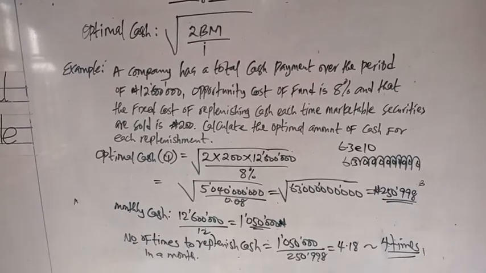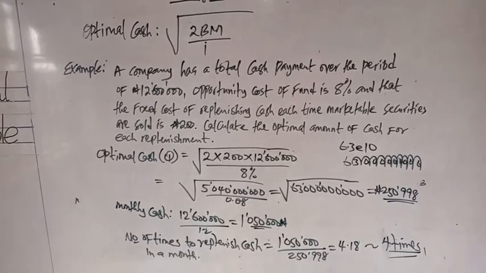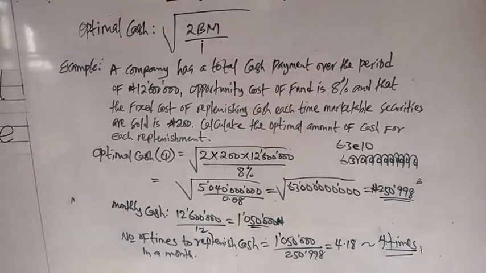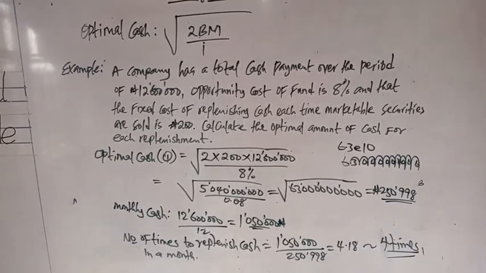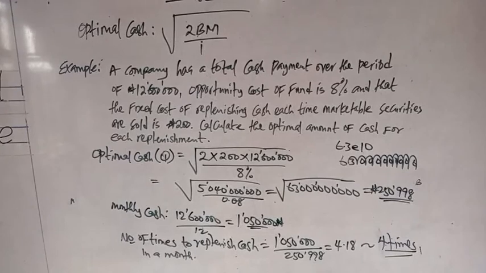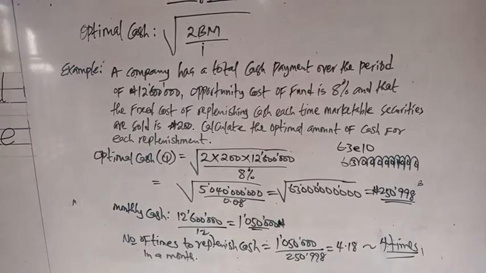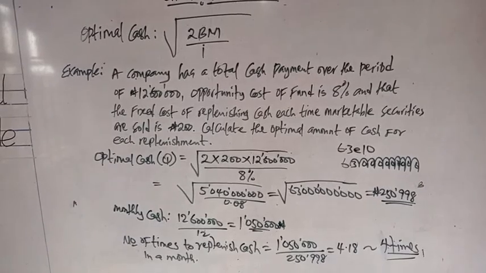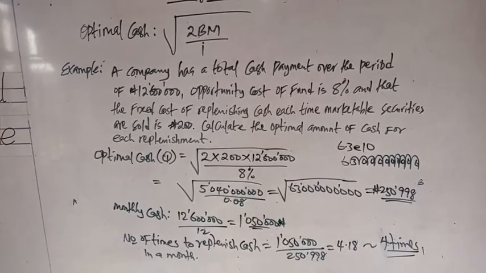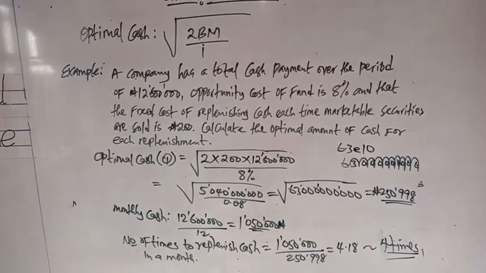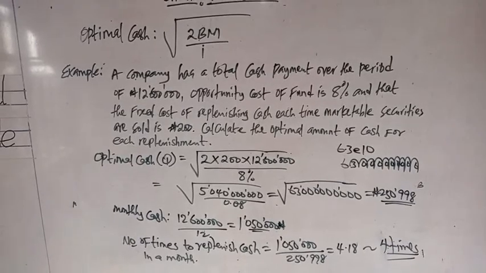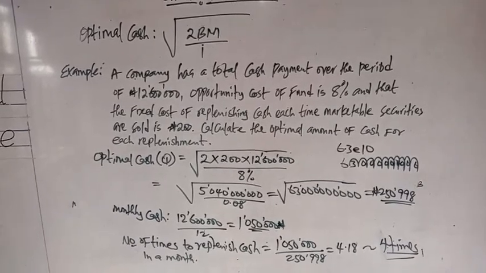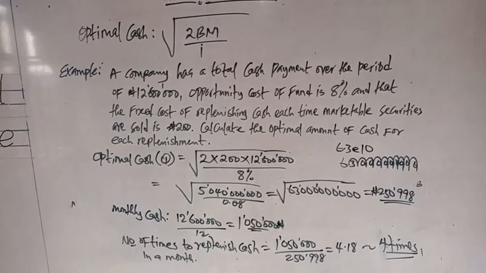So what I've done next is to see the number of times you are going to replenish cash in a month. Having ascertained the cash payment for a month, it is left for us to see how many times we are going to replenish in order not to carry more or below the optimal cash. I only divided the monthly cash by the optimal cash to hold.